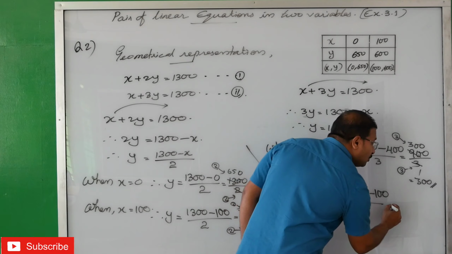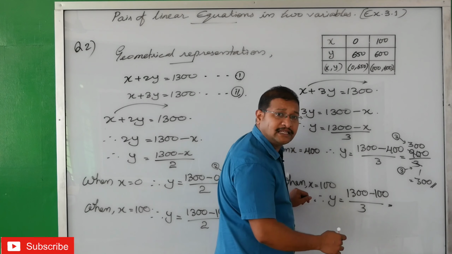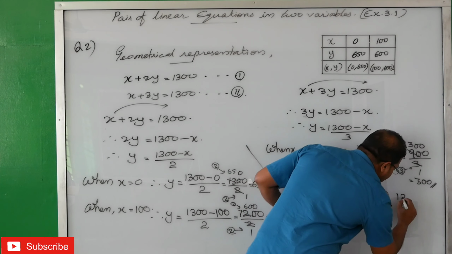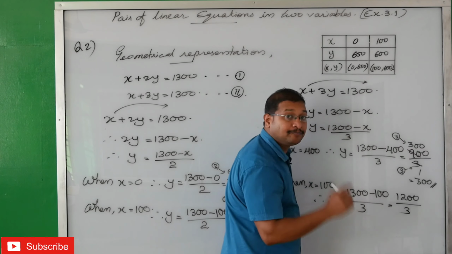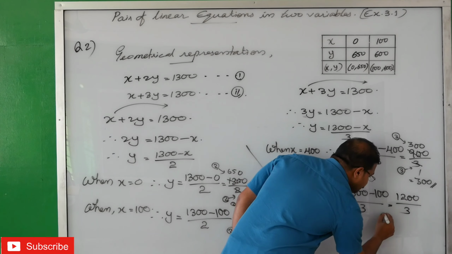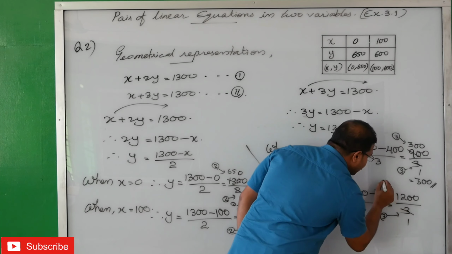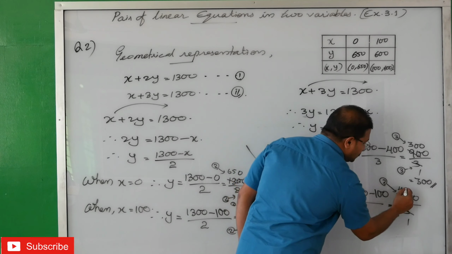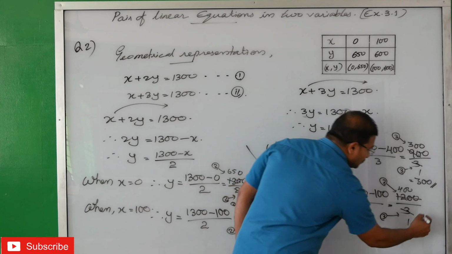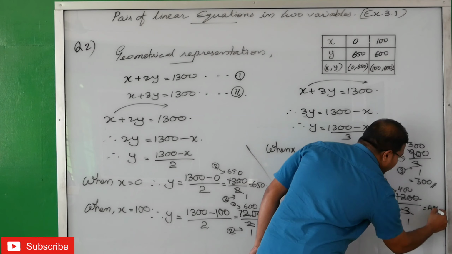Ready? Equals 1300 minus 100. Yes, 1200 divided by 3, will cancel by 3. 3 ones are 3. 3 4s are 12. And these 2 zeros will write upside, isn't it? So the answer is 400.